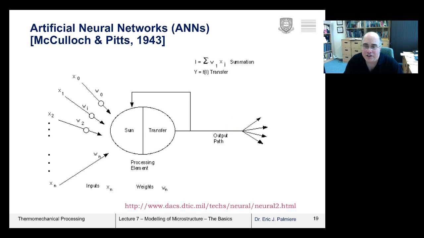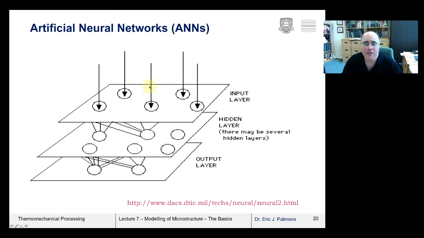The one output that I showed to you is in the form of tensile strength. If, on the other hand, we're interested in another output variable, such as ductility or fracture behavior, or indeed something like transformation behavior, then we can do that as well. So again, another way of looking at this is we have a certain number of inputs that go into the model. Obviously, as the number of inputs increases, the complexity of the model increases.